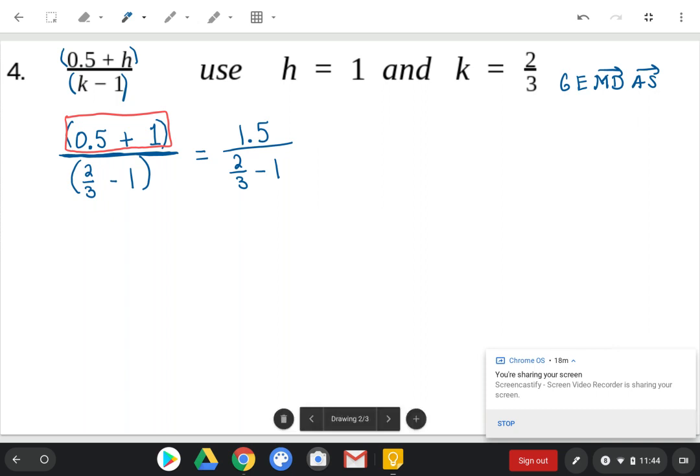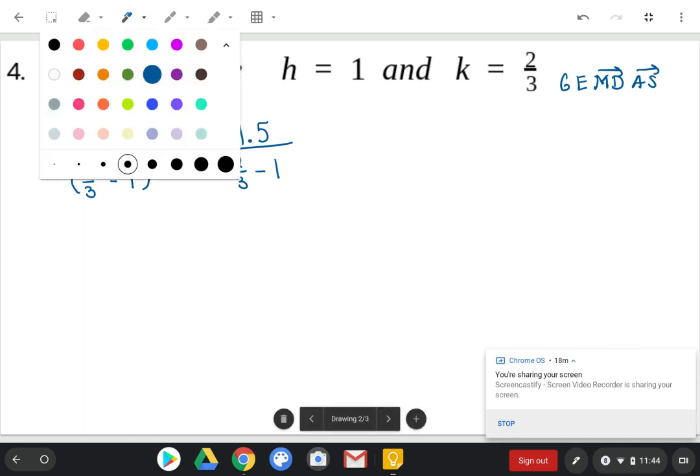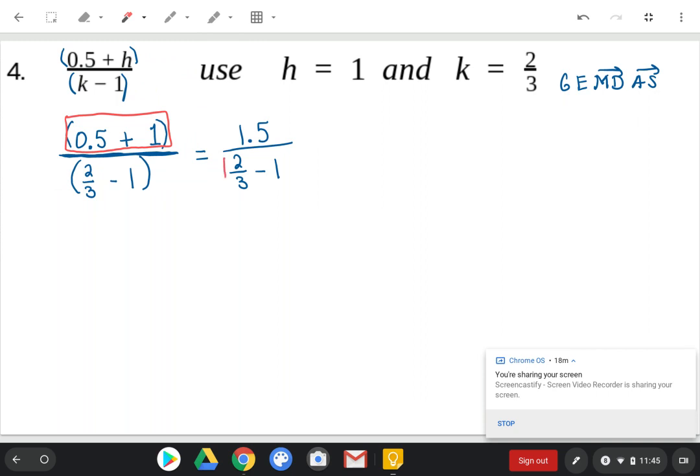Okay, I'm still working on grouping symbols because I need to evaluate these terms in the denominator. And I have to be careful here because we need to use our rules for integers. So notice this says 2/3 minus 1. Our integer rules tell us when we subtract, we need to add the opposite or keep, change, change. So I'm keeping the 2/3 as it is, changing subtraction to addition, and changing that positive 1 to a negative 1.